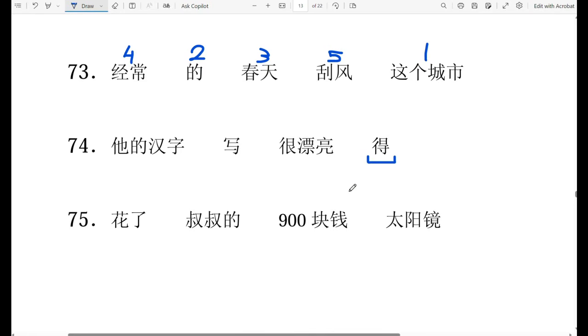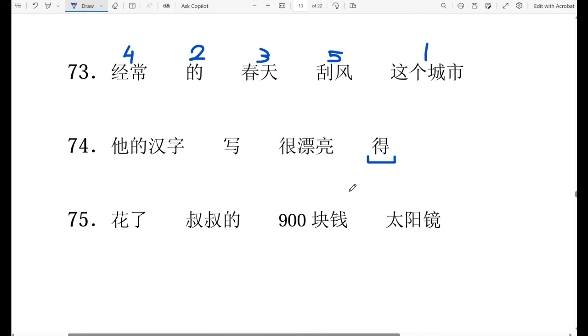The 得 is used after a verb, so the sentence order is verb, 得, and then something that expresses how that verb is done, how that verb is performed. So here we can see that the verb is 写, so then we will have to write 写得, and then the only other element that tells us information on how someone writes is 很漂亮.